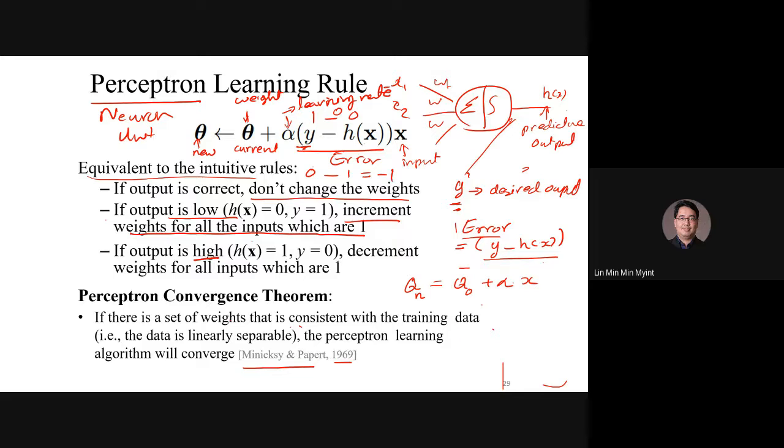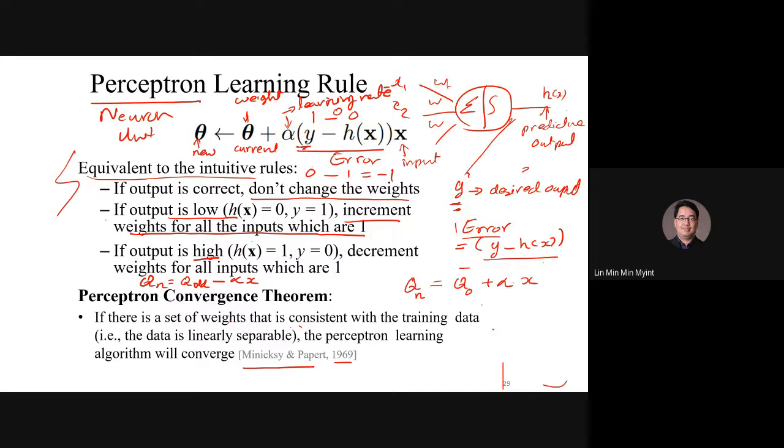In that case, the new weight will be the old weight minus alpha x. So if your output is too high, it will decrease the weight for all inputs, and if your output is small, it will try to increase the weight.